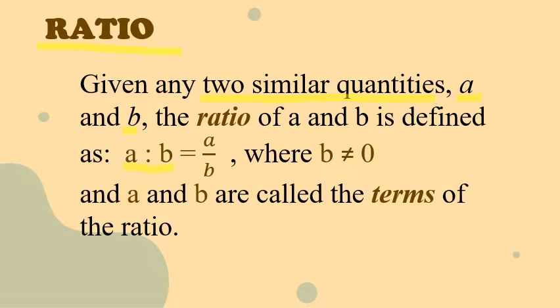How do we read it, class? A is to B, or it can also be written in fractional form in this manner: A is to B or A over B, where B should not be equal to 0. So B should not be 0. These are the forms of writing a ratio.